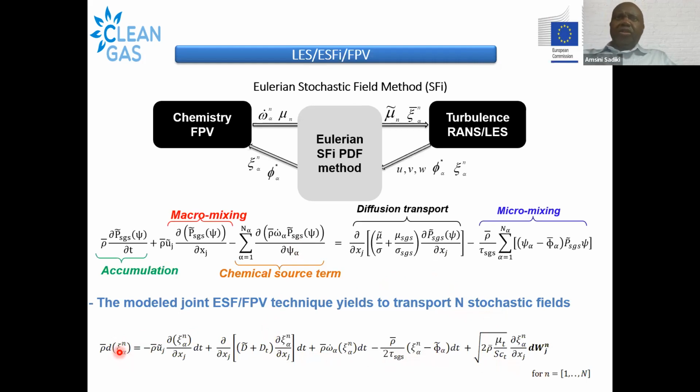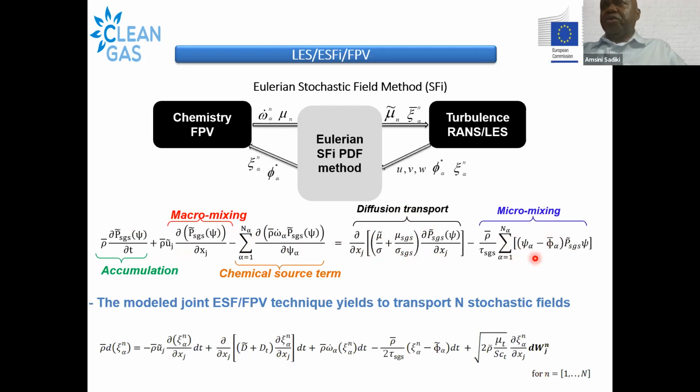In this equation, we have the accumulation part, the macro mixing, the chemical source term, and the diffusion transport, in which we made a gradient assumption for the diffusion, and we have the micro mixing.